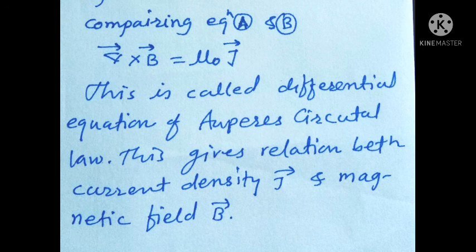Here vector B is magnetic field and vector J is the current density, that means the current flowing through the surface area of the conductor per unit surface. So this is the curl of magnetic field.